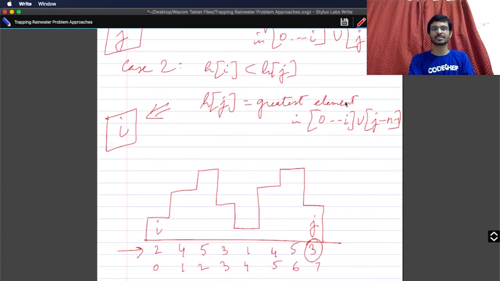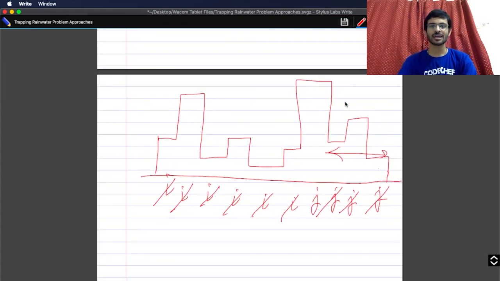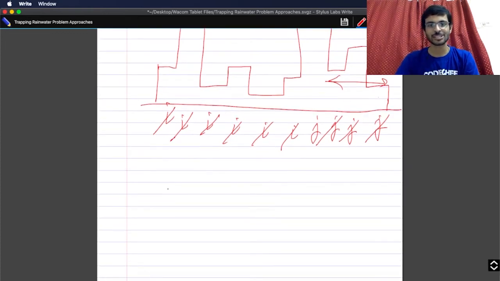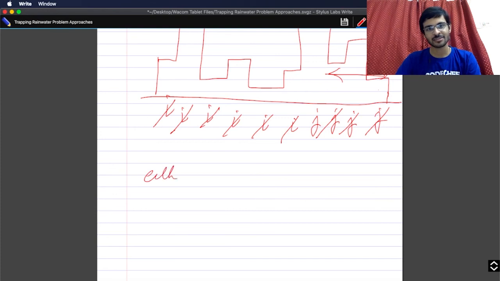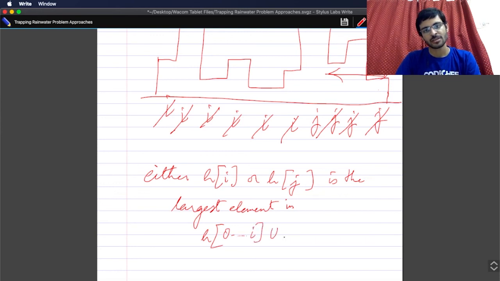But over here, what you can see is that I have told you by induction that at any point of time we can ensure that either hi or hj is the largest element in h of 0 to i union h of j to n minus 1.